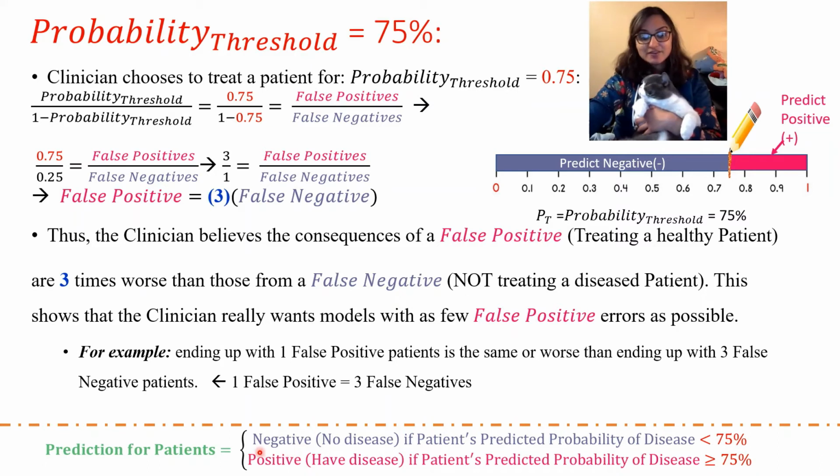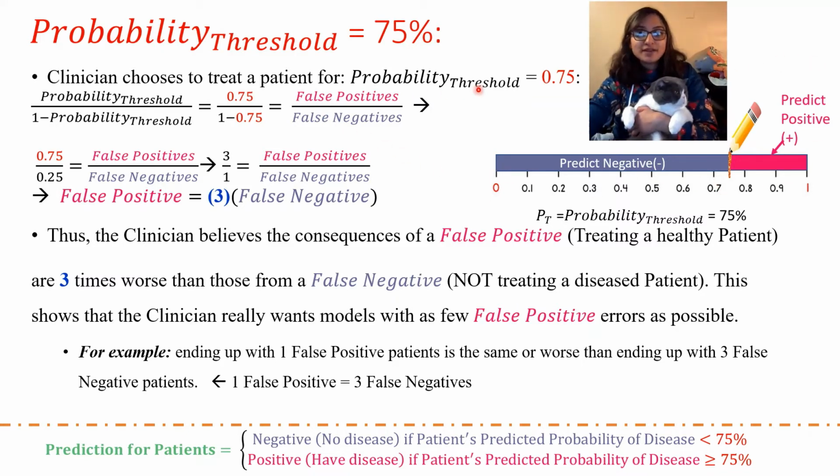And here, at this very strict threshold of 75%, we are predicting that a patient is positive, that they have the disease, only if this patient's predicted probability of disease is greater than or equal to 75%, or 75% or above. Otherwise, we're predicting negative, that the patient does not have the disease, if the patient's predicted probability of disease is less than 75% here. So that's what this means.